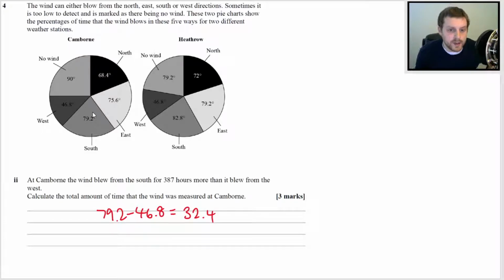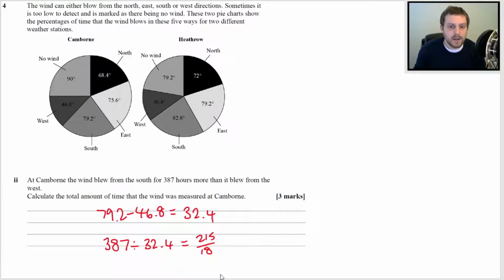This is the difference in the degrees, which is 32.4, and that is supposed to be representing 387. So basically 387 divided by 32.4, this is what 1 degree is representing. So this is 215 over 18 when you simplify it.